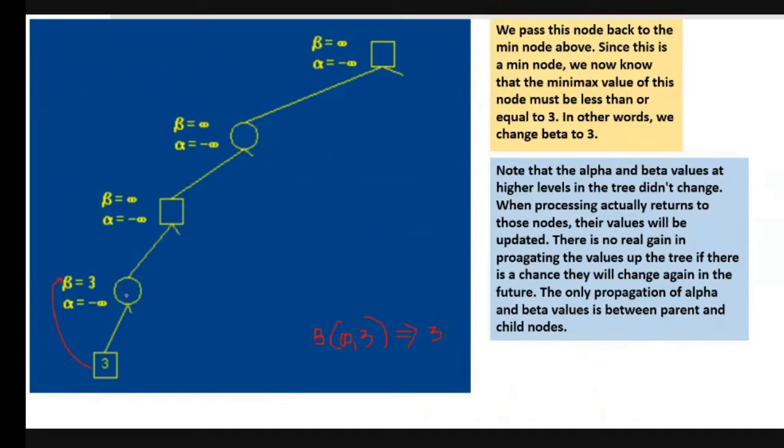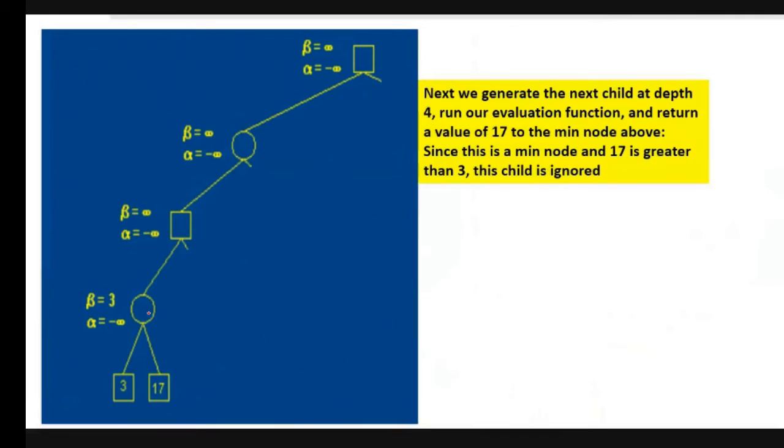Now I don't have anything more here, so I have to go to the next node, because to have some comparison we want the other branch also. Because the leaf node is 17, we can now generate the next child at depth 4, run our evaluation and find the new value, and out of this the minima is to be compared.